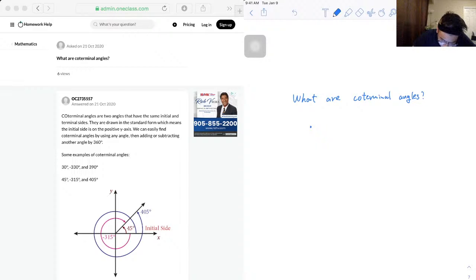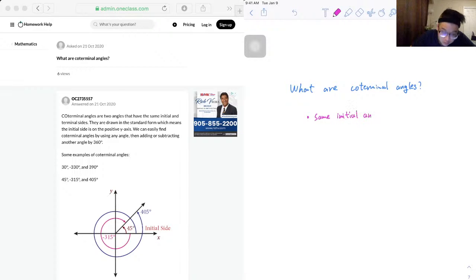So I'll write its characteristics in point form. Same initial and terminal side.